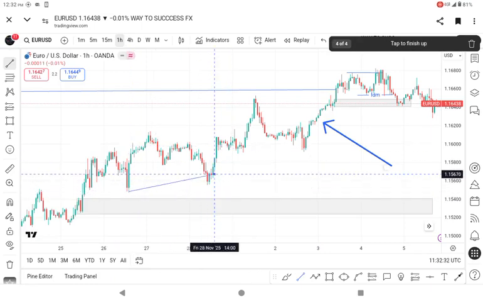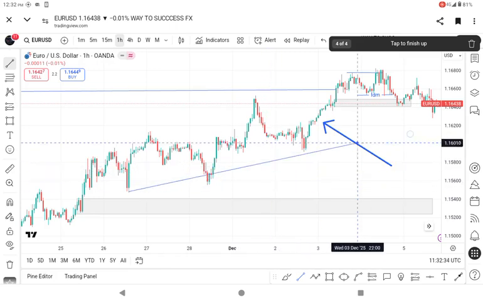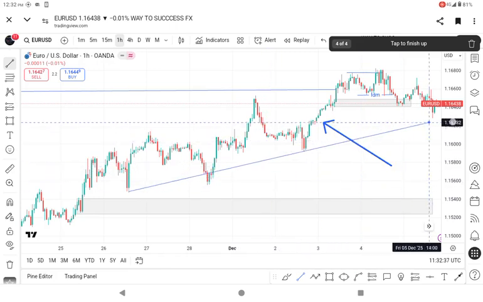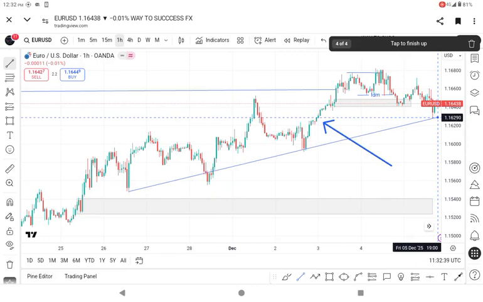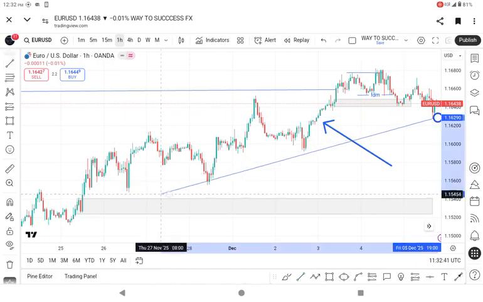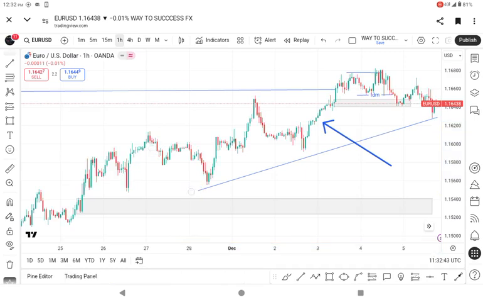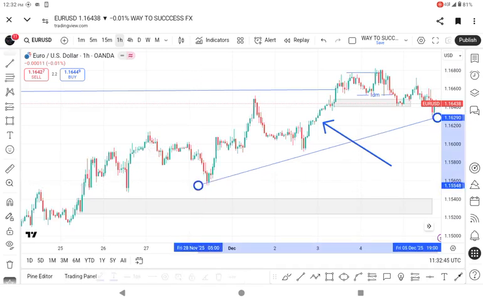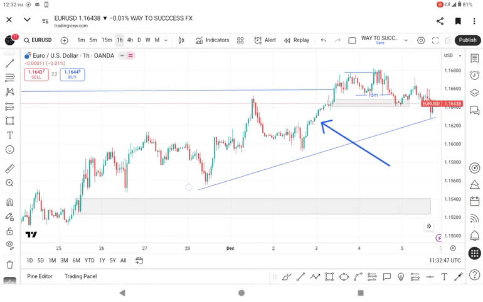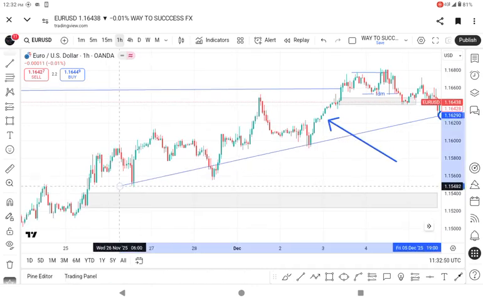There's going to be a deep pullback before continuation. So this is what I also have here. This is now a trend line liquidity for me, which I expect price to take out before continuation to the upside. I can actually mark it this way.